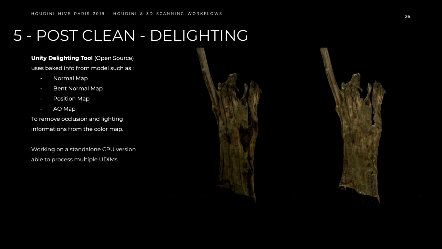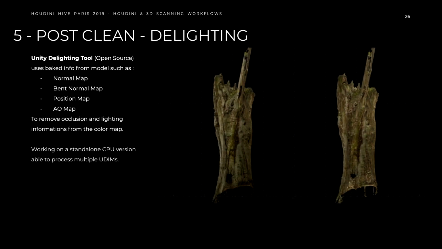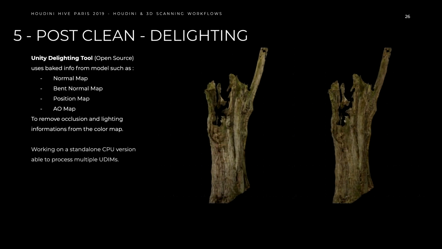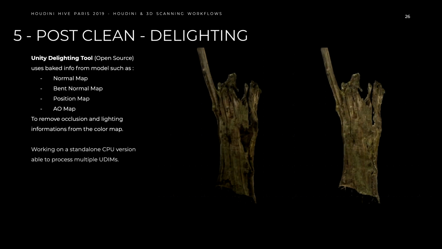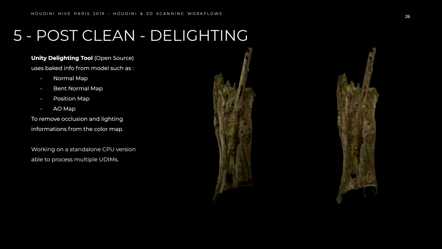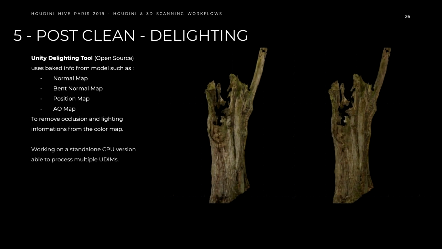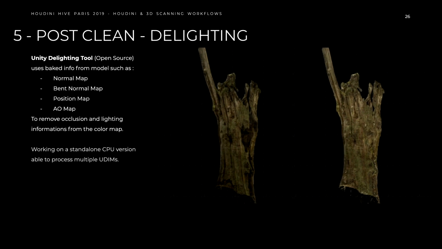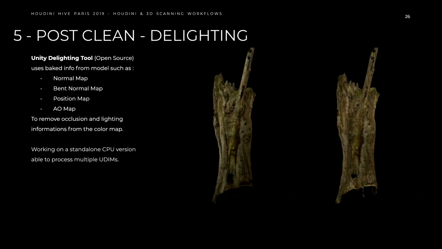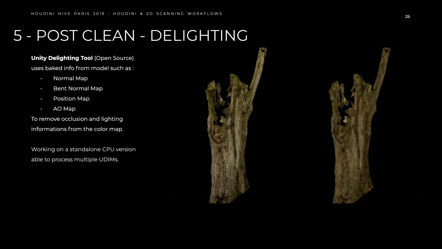And what I use for now is the delighting tool from Unity. It works in 2D space, and basically you provide a few maps, like normal maps, bent normal maps, position, and ambient occlusion. If you want more info about that, there are Mathieu Muller and Cyril Jover from Unity.